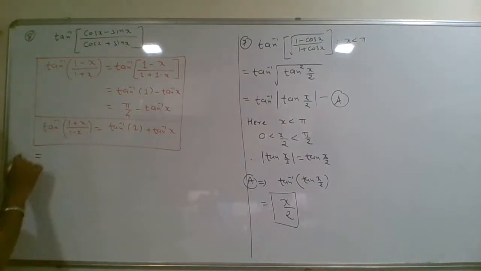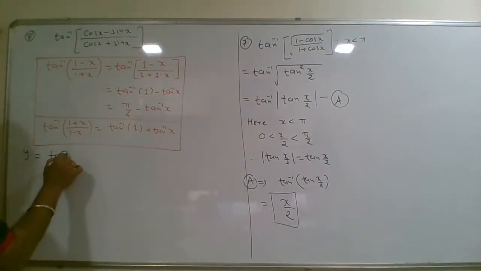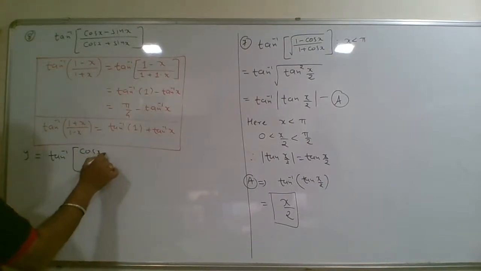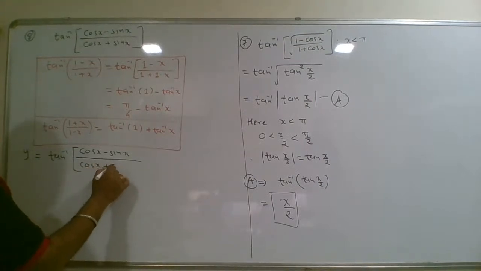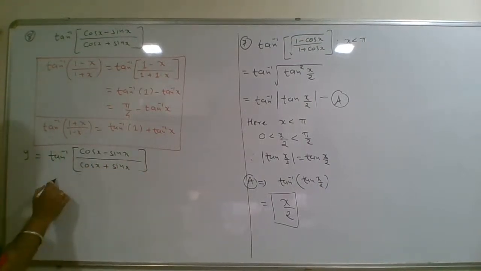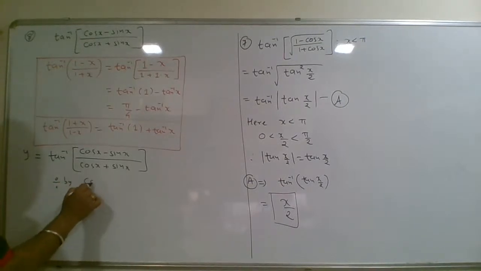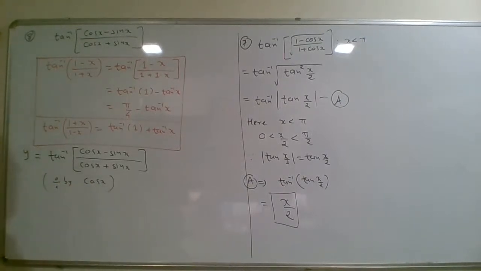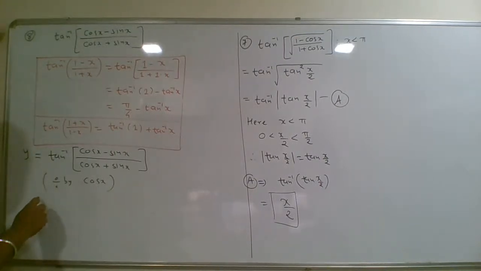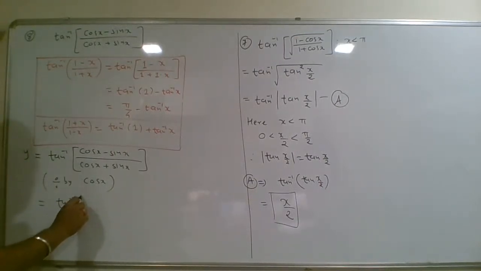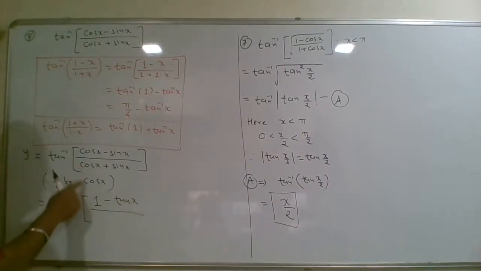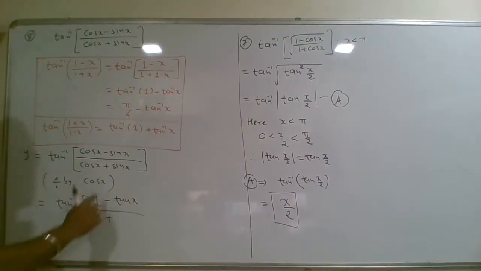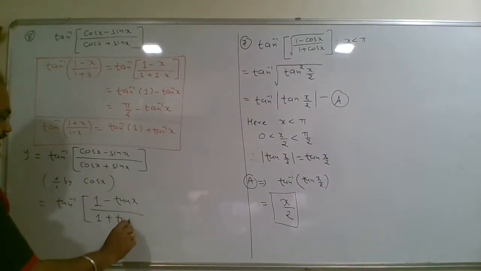So here suppose the question equals y, so y equals tan inverse of cos x minus sin x upon cos x plus sin x. Dividing by cos x to each and every term, which is equal to tan inverse of cos x by cos x, which is 1, minus sin x upon cos x, which is tan x, upon cos x by cos x, which is 1, plus sin x upon cos x, which is tan x.